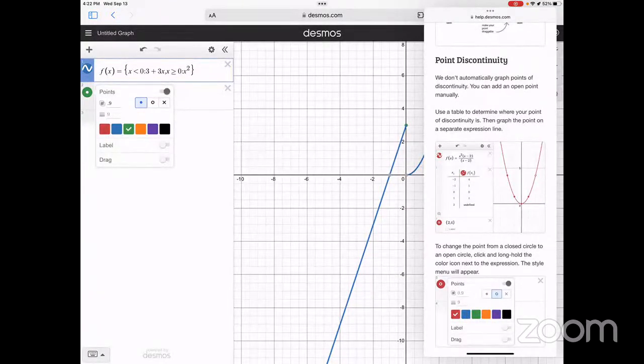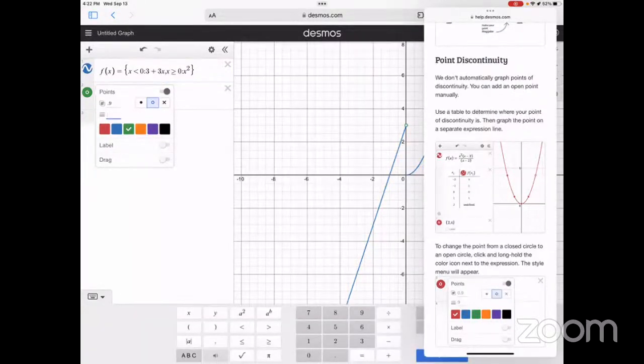Okay, open circle. And let's make it a little bit thicker. Can we make it thicker? What if we do 2? Nope, that's way too small. What if we did 20? Let's go 12. Cool. And then we can just delete that, right?